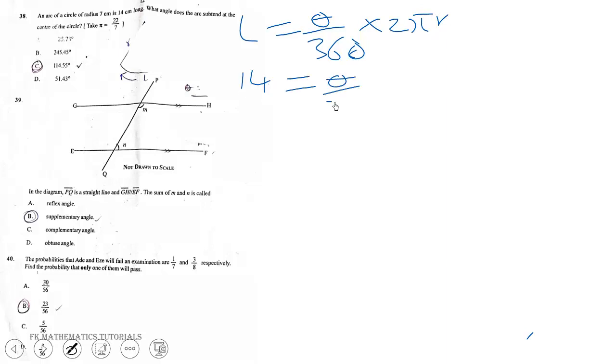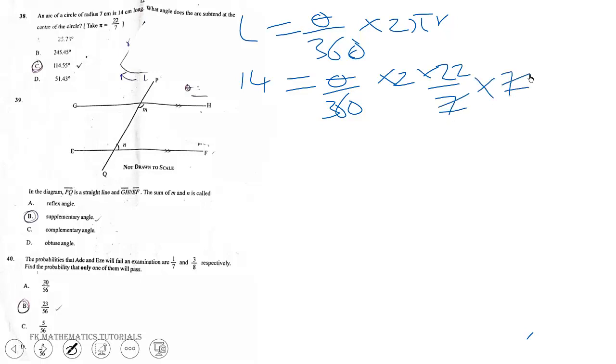So length of arc is given by theta over 360 times 2 pi r. So we're given that the length of arc is 14 centimeters and we don't know the theta. That's what we are looking for. Times 2 times 22 over 7 times radius, which is 7.